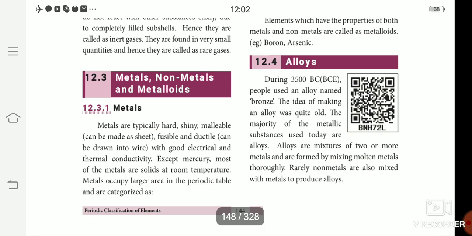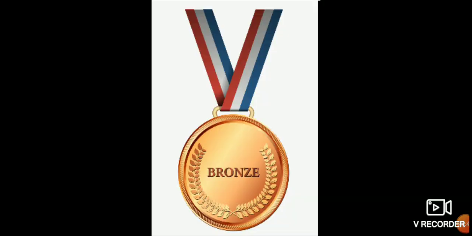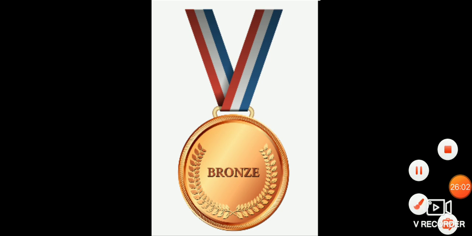The bronze alloy is used in Olympic medals. The medal is formed from the bronze alloy of copper and tin.